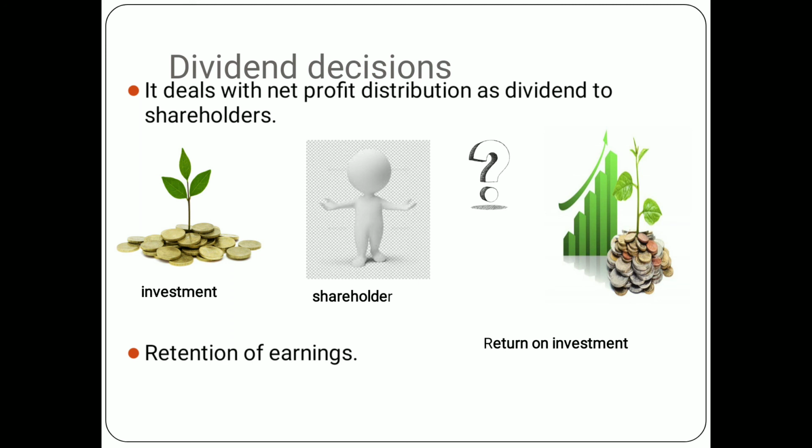From the net profit, you pay the dividend required for the preference shares and the debentures, and last the whole lump sum will be given to the shareholders. In this decision we also need to ascertain the retention of earnings, that is, how much earnings we need to retain in our company's fund in order to keep our business running smoothly.